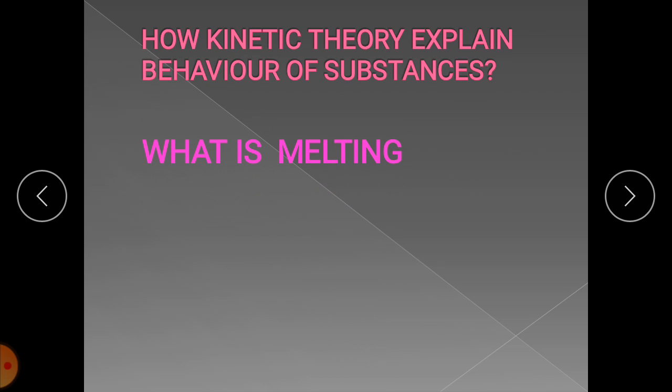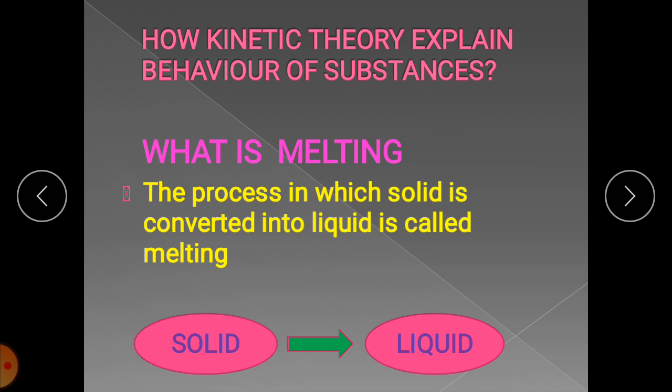Now let's come to your topic. What is a kinetic theory? Kinetic theory explains behavior of substances. So what is melting? When solid converts into liquid, this is known as melting. The process in which solid is converted into liquid is called melting.